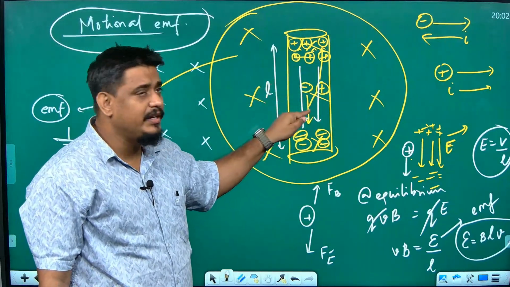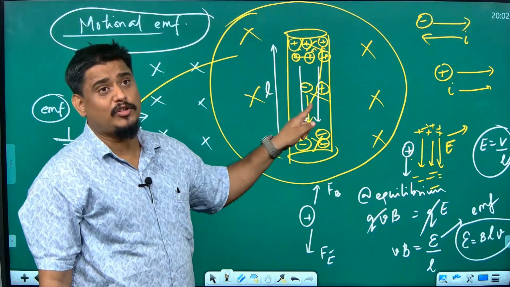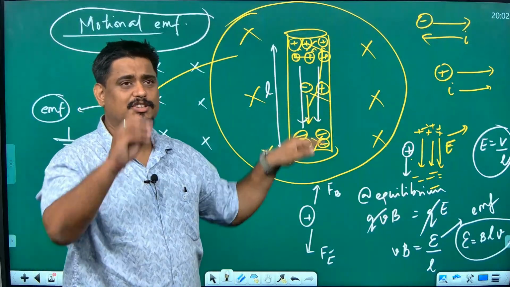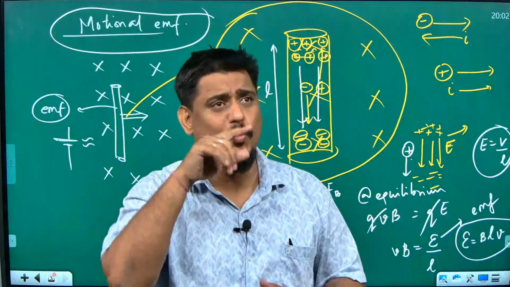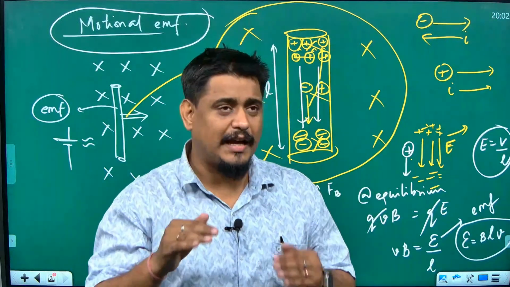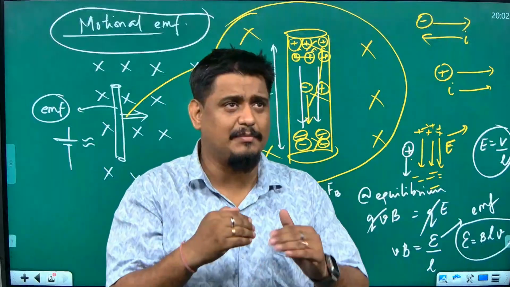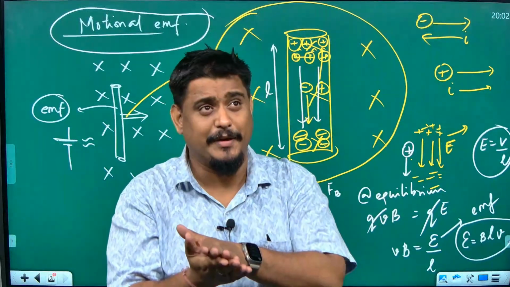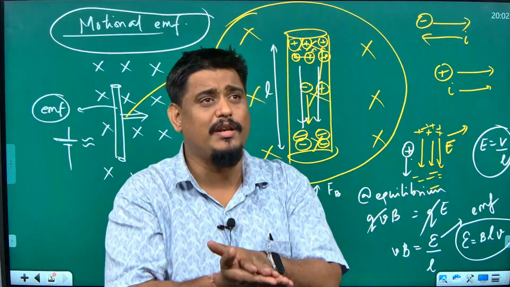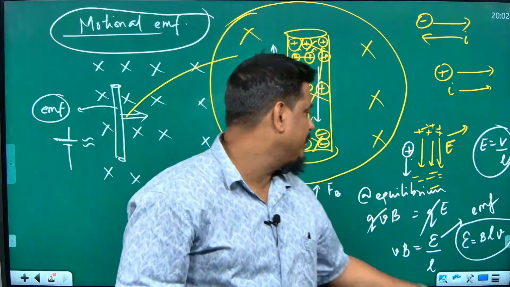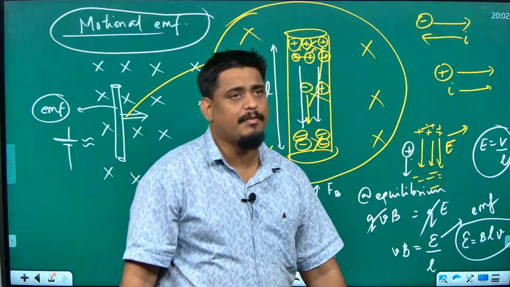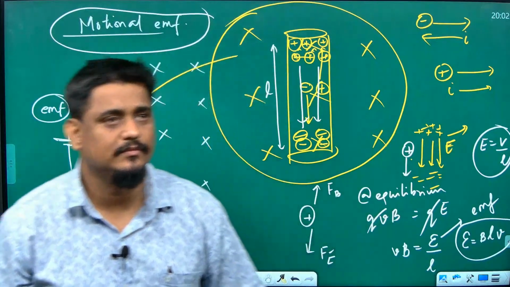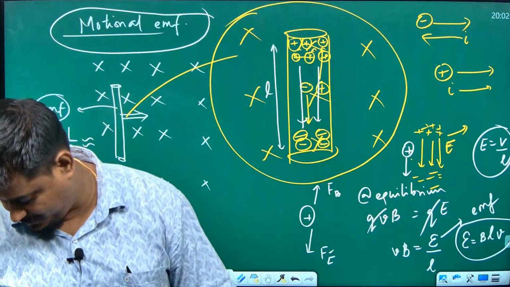This electric field will give a force on the charge once again, because a charge kept in an electric field will experience a force, given by QE. So a time will come when the electric field force and the magnetic force become equal at equilibrium, and at this point QEV will become equal to QE, and when we solve we get the value of motional EMF as BLV. Got it? Okay, sir. Thank you, sir.